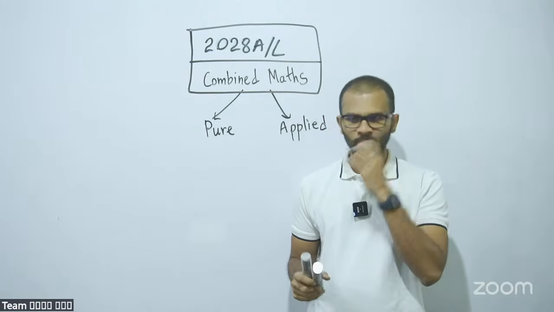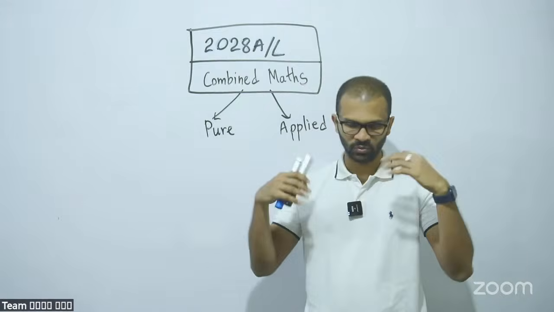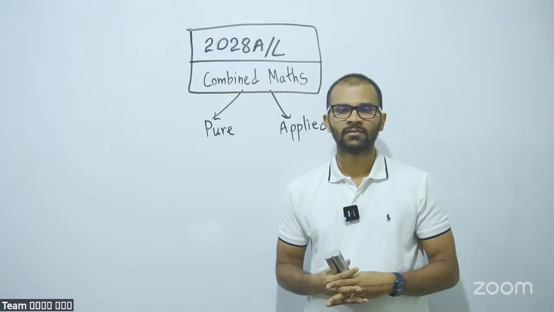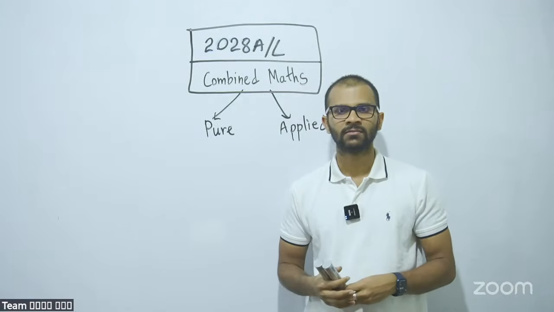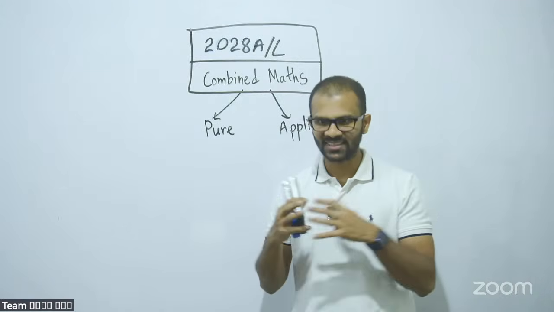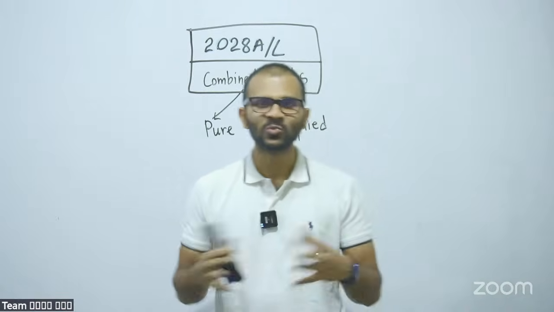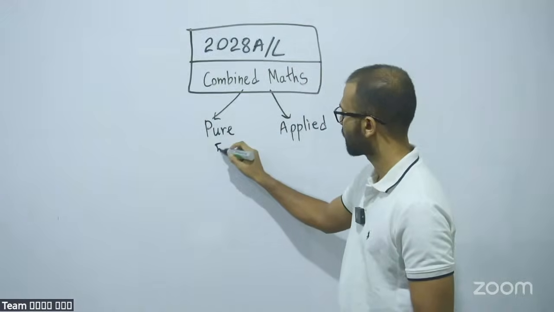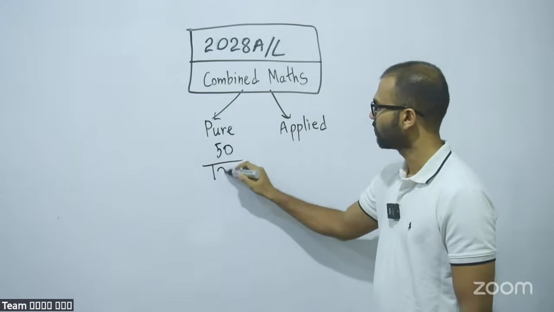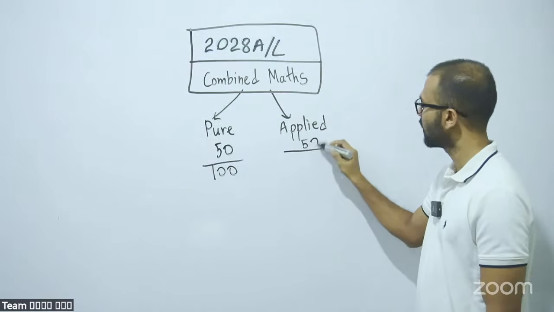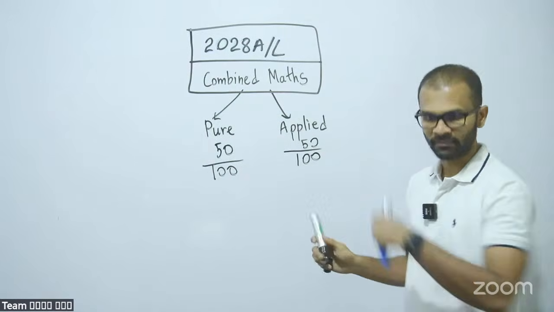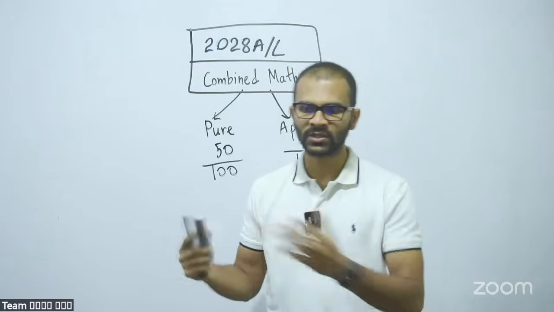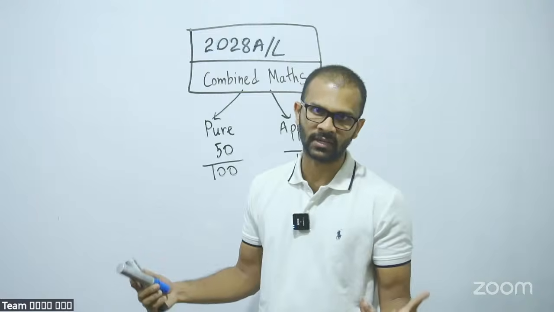So we have two parts. Actually, even though they combine two parts to make the single subject, it has two parts, two papers, right? 50 marks for pure maths out of 100 and 50 marks for applied maths out of 100. Previously, they had 100 out of 100, 100 out of 100. Two separate results, right?